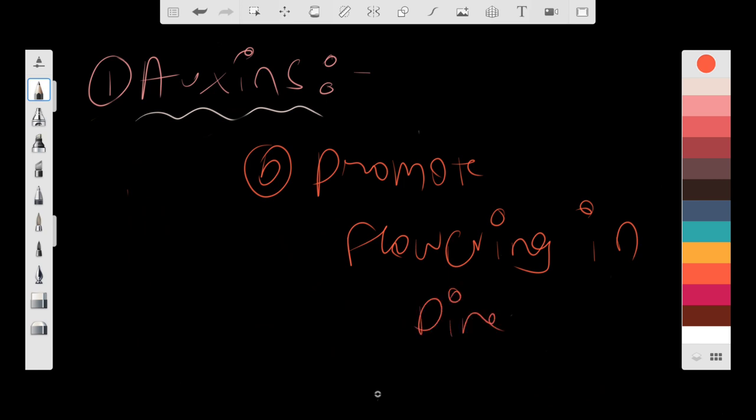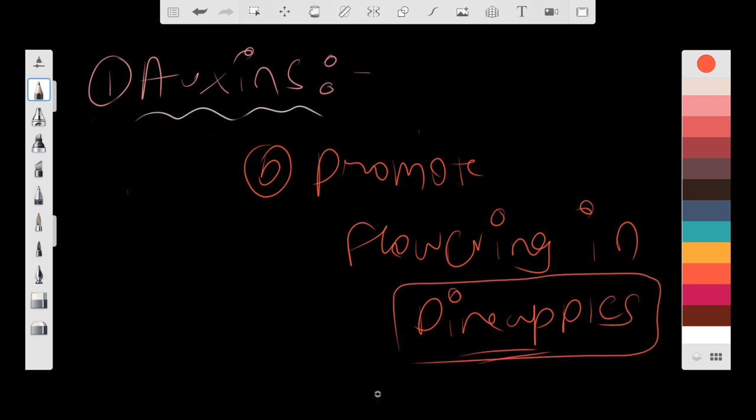This is very important. In pineapples, generally, the flower appears a little later. So in order to get the fruit in advance, when we spray these auxins, they help in flowering in pineapples.